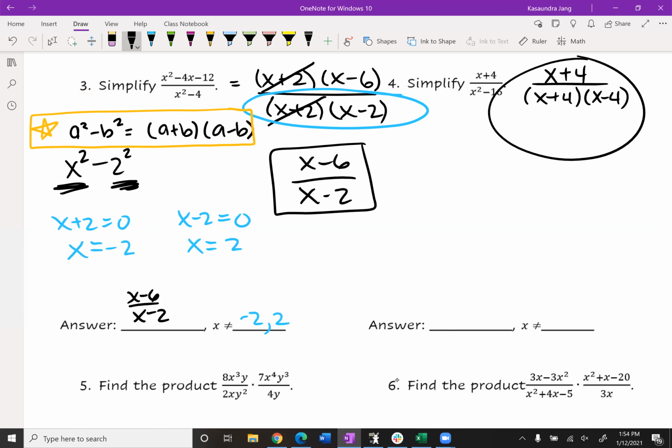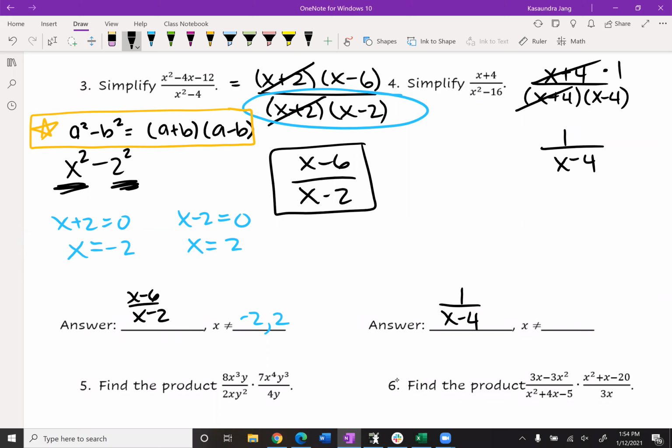What about on number 4? Nice, the x plus 4 divides out with the other x plus 4. What is anything divided by itself, really? 1. So as far as what's left up here, I can say it's like a 1 up there. I would have a 1 over the x minus 4. That's as simplified down as we can get.